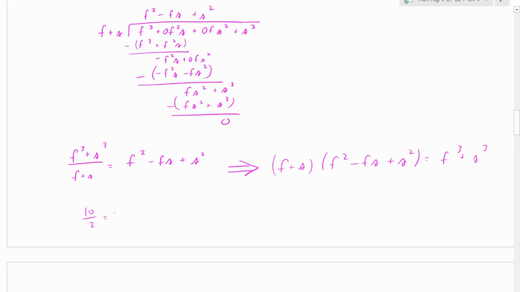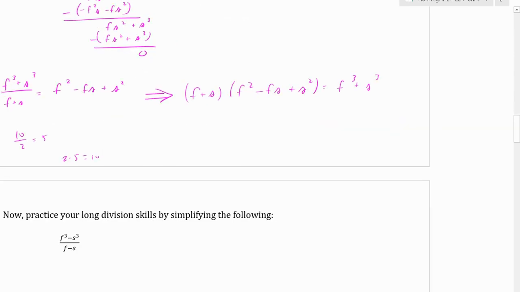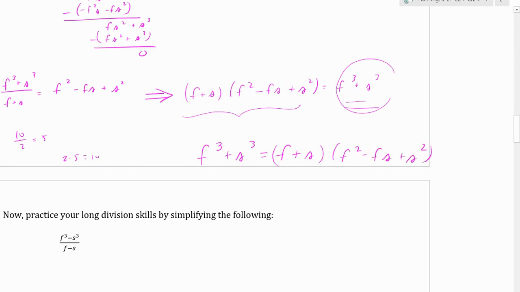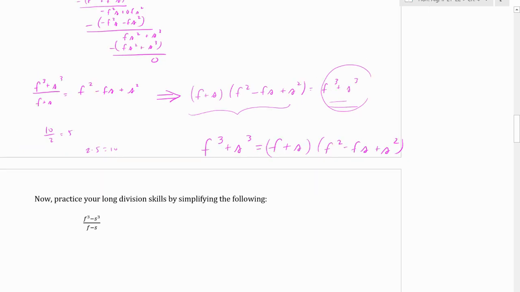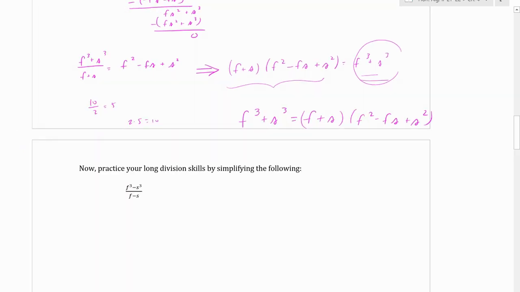Remember, same reason: 10 divided by 2 is 5 because 2 times 5 is 10. But instead of just multiplying things out and getting an answer, we're learning how to factor. So we're starting over here and factoring it down into that right there.